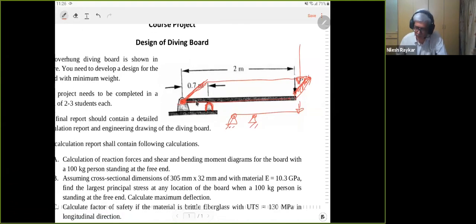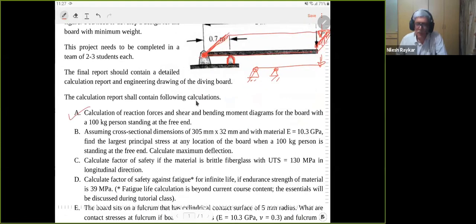The first part is reaction forces and shear forces. Those you will be calculating based on the overhang beam approximation.